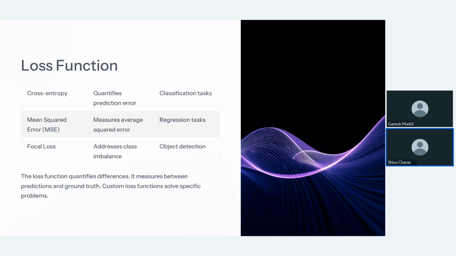These loss functions are for classification, regression and object detection. It will measure the difference between the predictions and the ground truth.